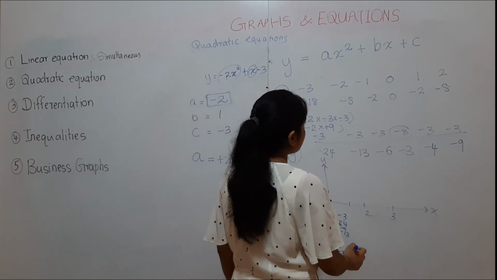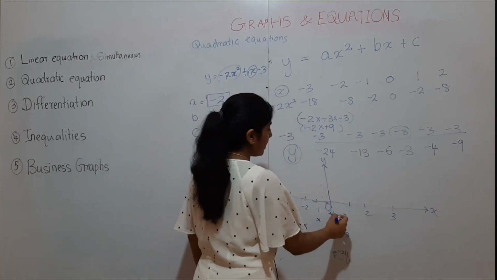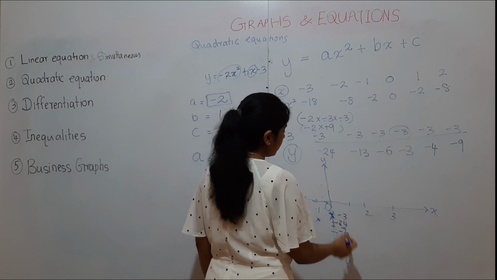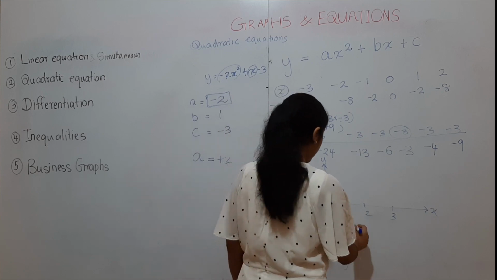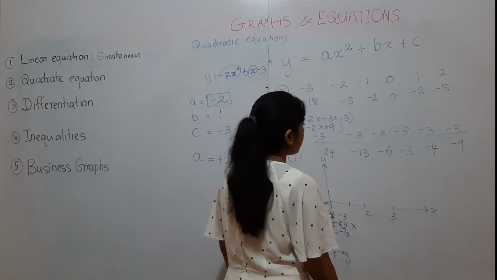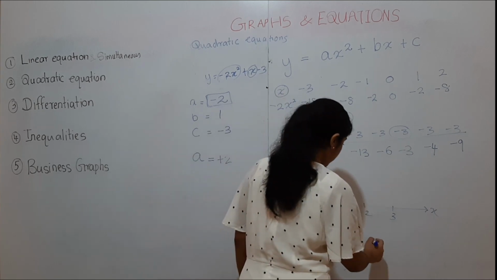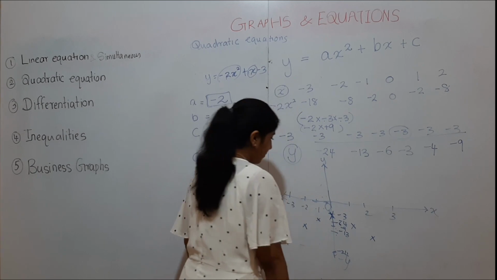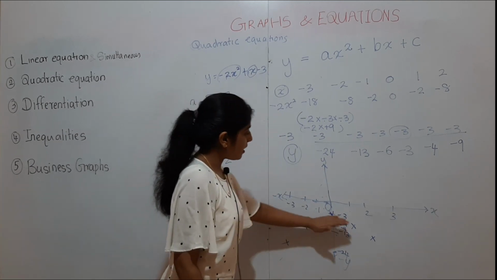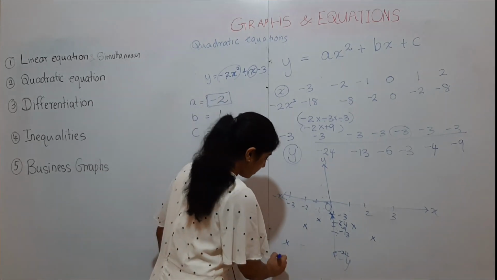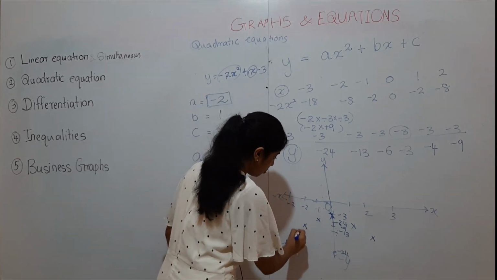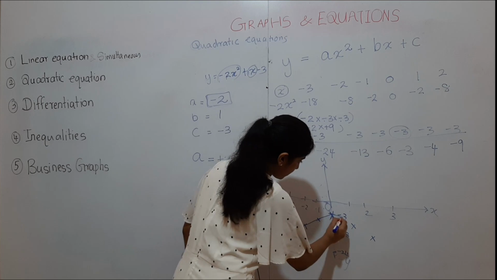Then when x equals 0, y equals minus 3, which we marked initially. When x equals 1, y equals minus 4. And when x equals 2, y equals minus 9. Now, you see there's kind of a curve visible here. Draw the curve through the points.